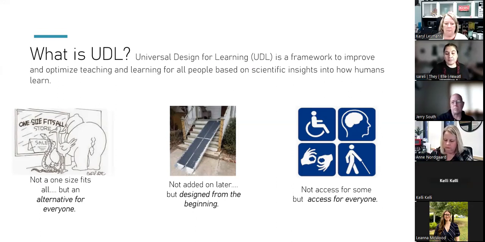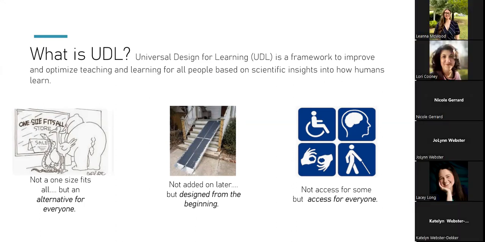It's just you are given a different way because that's who you are. We don't want it to be an add-on later. We want it to be designed from the beginning. And honestly, when you can get into that nice routine of adding UDL, it's quite quick and it will start to come naturally for you.